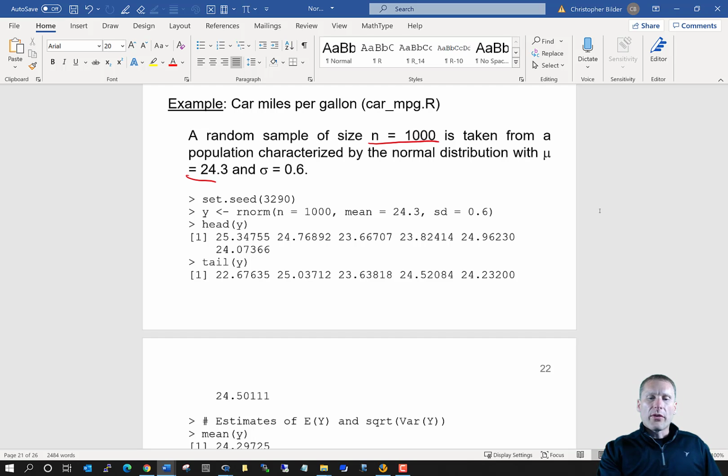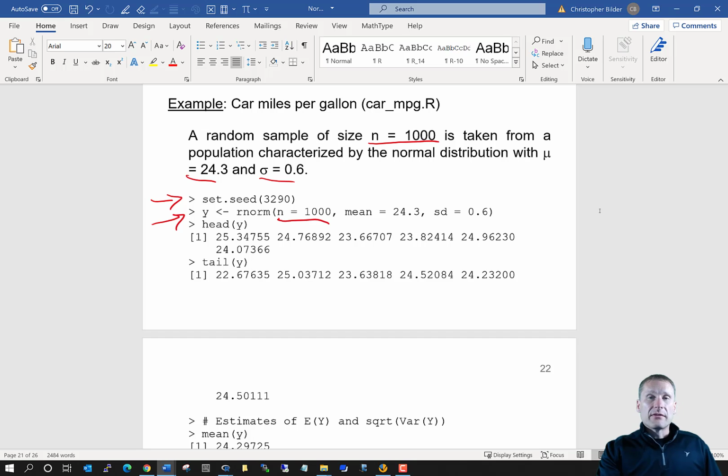Mean of 24.3, standard deviation of 0.6 for this normal distribution. So the first thing I'm going to do is set my seed so I can reproduce my results. And then I'm going to use the rnorm function to actually simulate the sample. Again, r basically stands for random. It helps me take my random sample from this population.